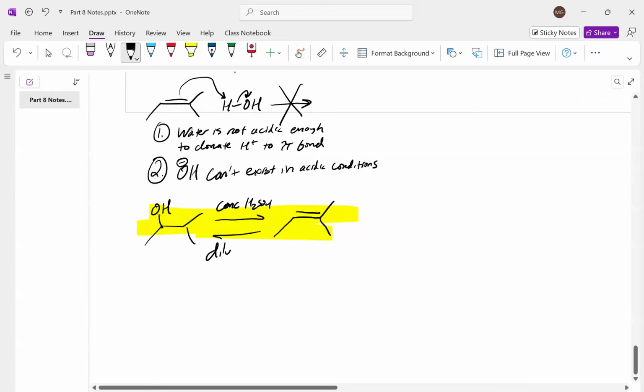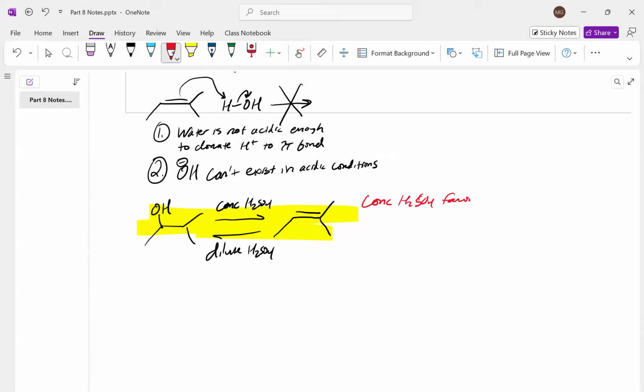So this is an elimination addition equilibrium. If I use dilute acid, it favors the addition. So concentrated acid favors the elimination. Dilute acid favors the addition.